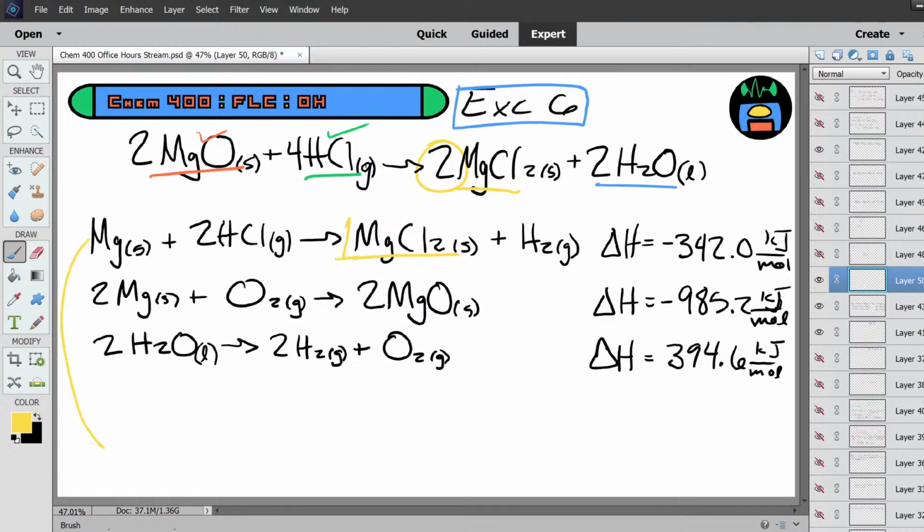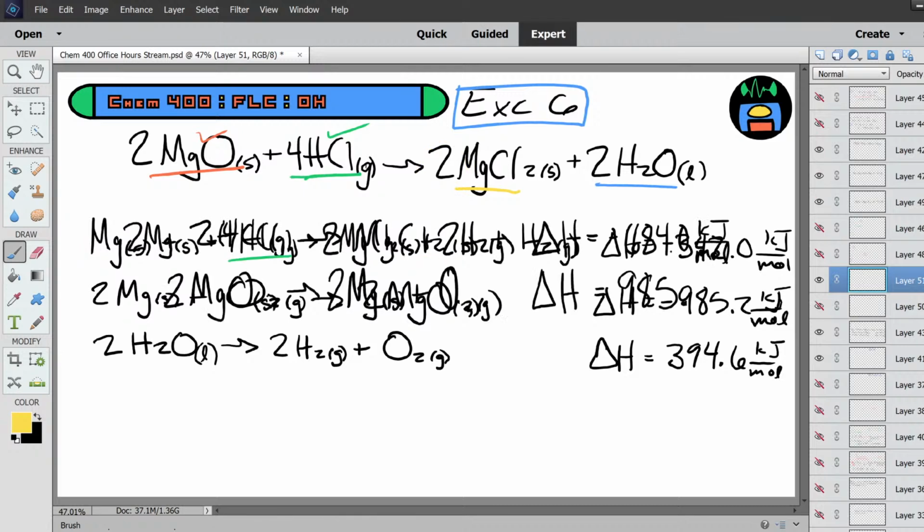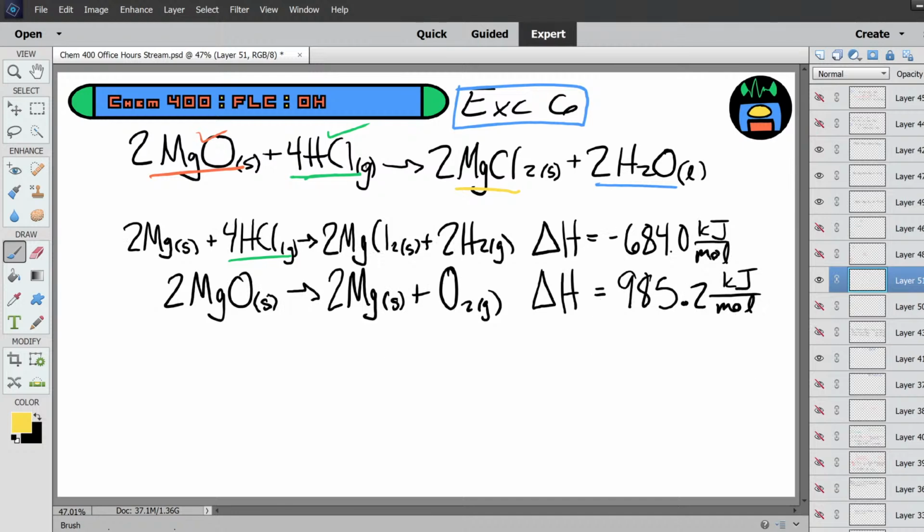So we need to take this reaction and multiply everything by 2. All right, when we do, oh wait, hang on one second. We've actually already done this.